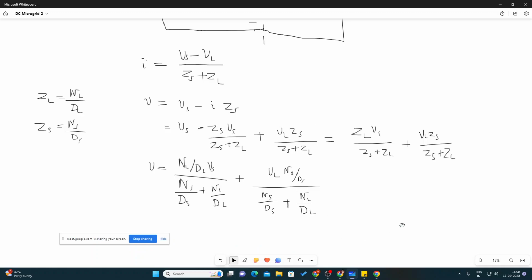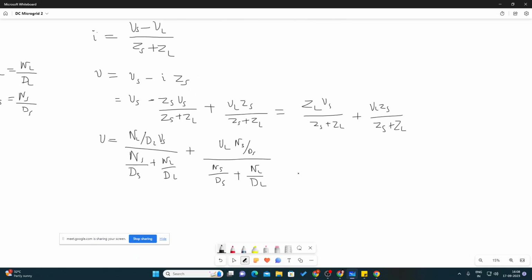Now we simplify this by multiplying up and down with Ds into DL.